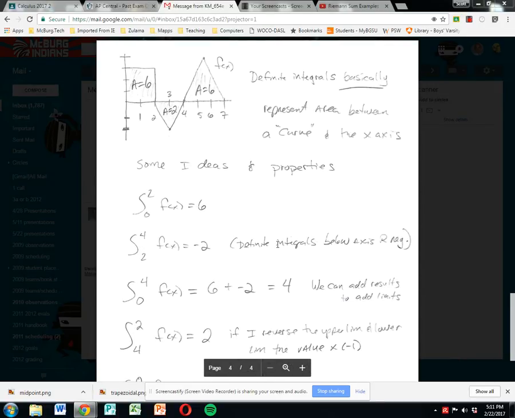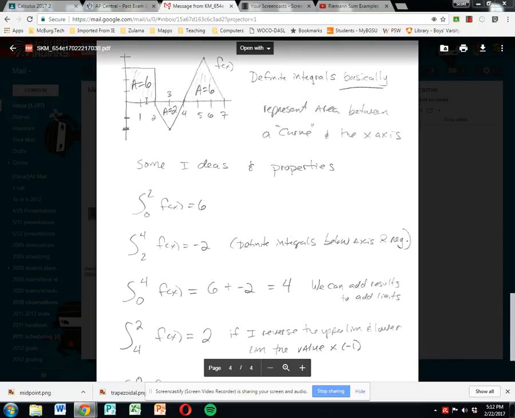All right, let's talk about definite integrals, basically. They represent numbers. However, at the same point in time, definite integrals talk about area between curves and the x-axis. So some ideas and properties I wanted to get across here. We drew a square here with area 6, a triangle with area 2, and another triangle with area 6 here.